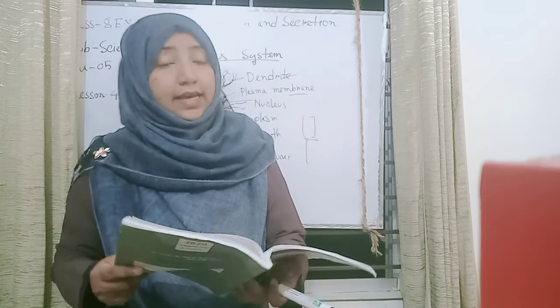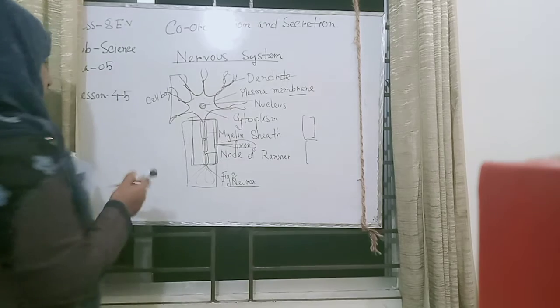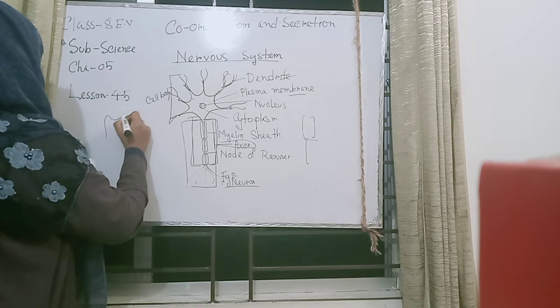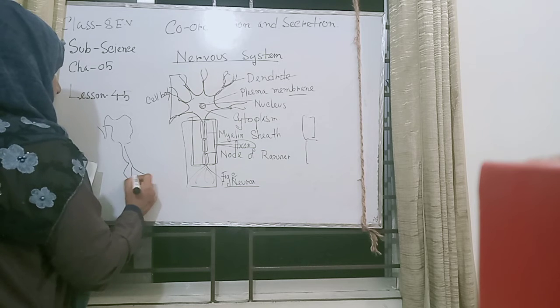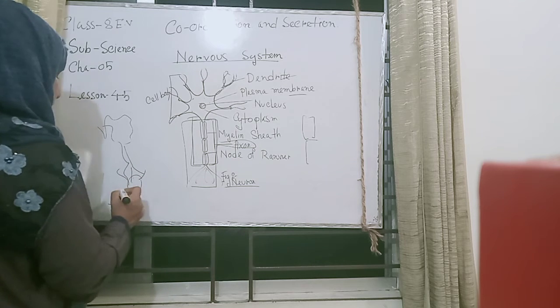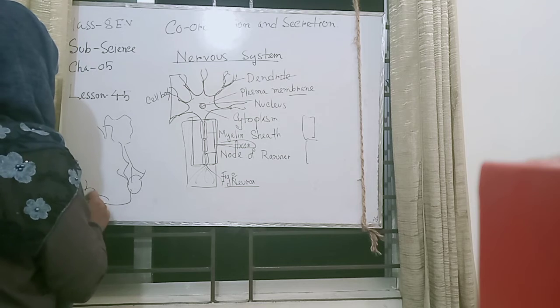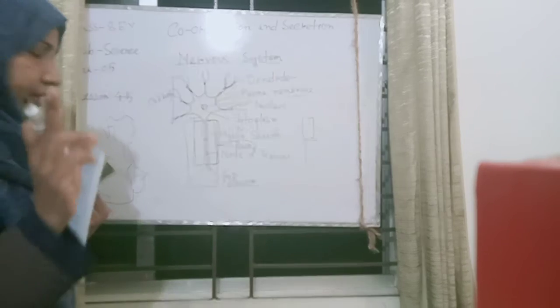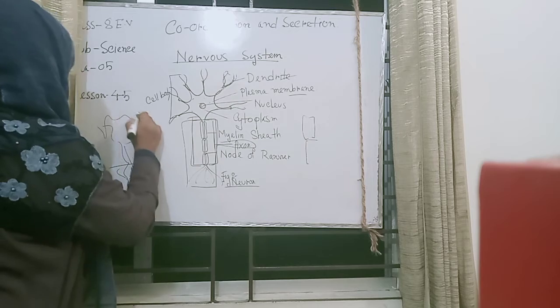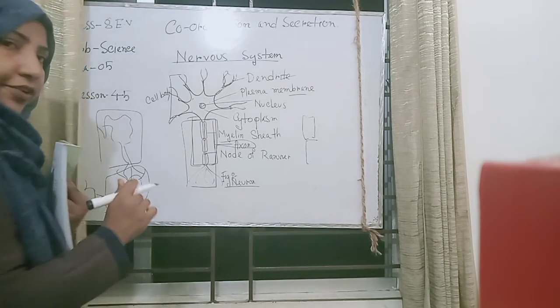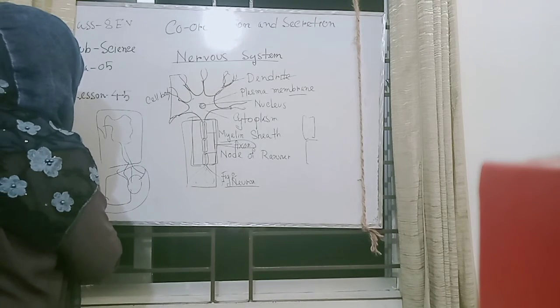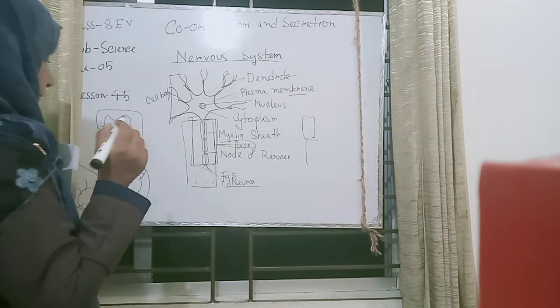Now, another part is the synapse. Have you any idea about the synapse? I drew several neurons: this is the first neuron, the second neuron and the third neuron.